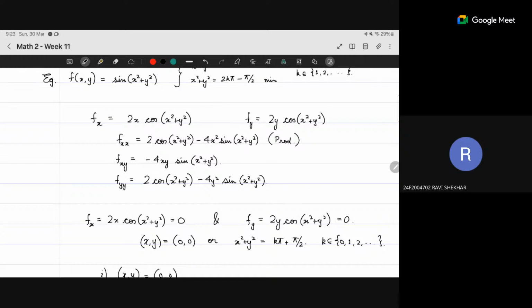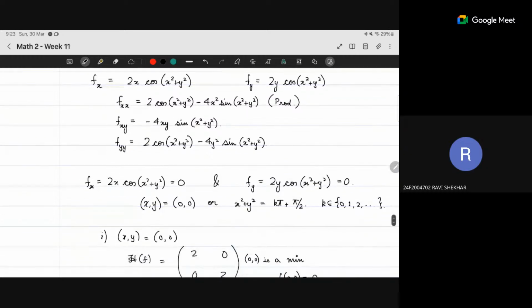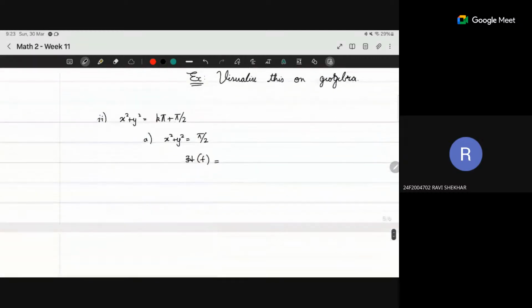So it becomes minus 4x square. Again, minus 4xy, minus 4xy, and this is minus 4y square.